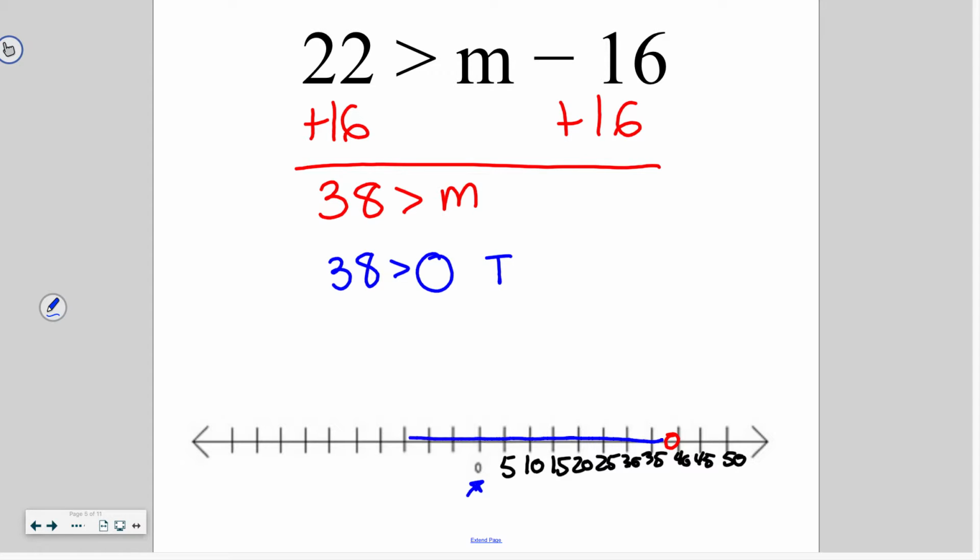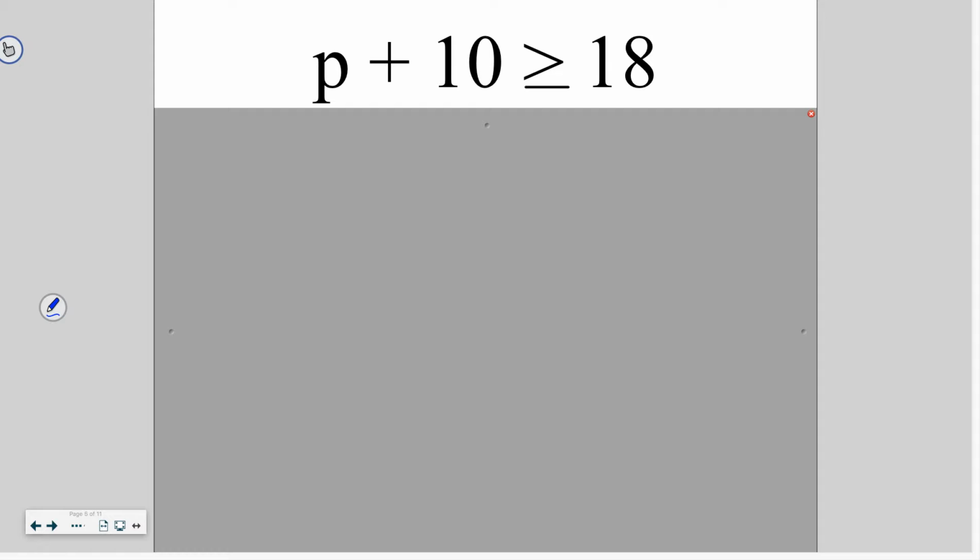So I'm going to draw in an arrow going to the left. What this means is that every number covered by that blue line is a possible solution to this problem. So if I picked out another one, let's say 10, I'd say 38 is greater than 10. Again, that's a true statement. 0 is the easiest number to plug in. It's not the only number that you can plug in.